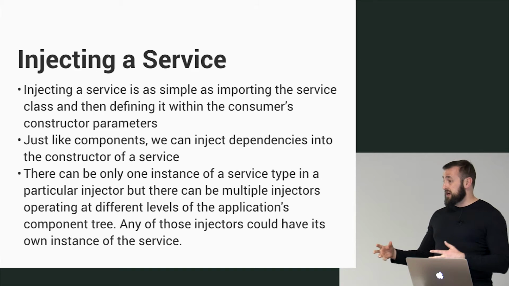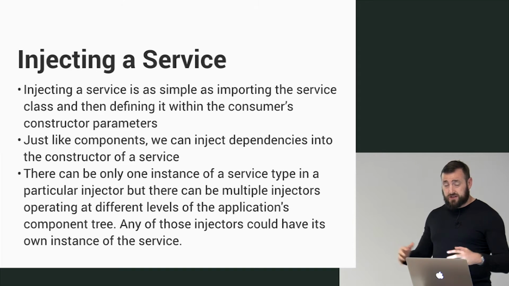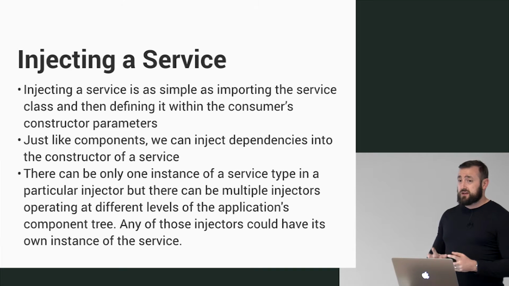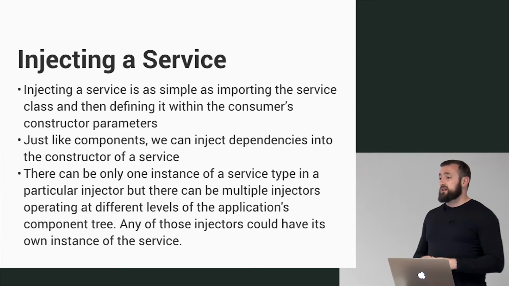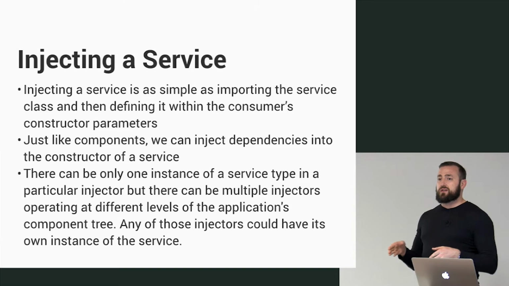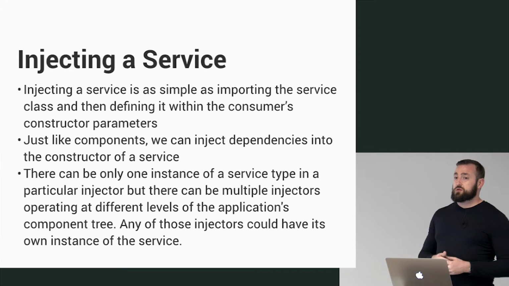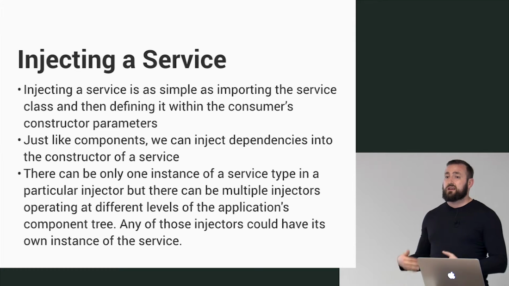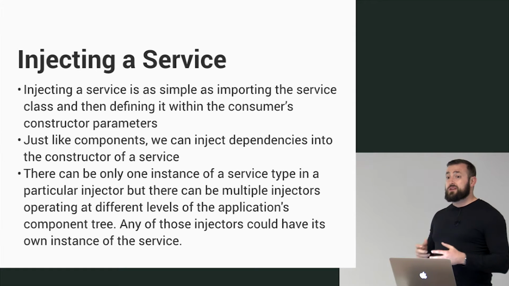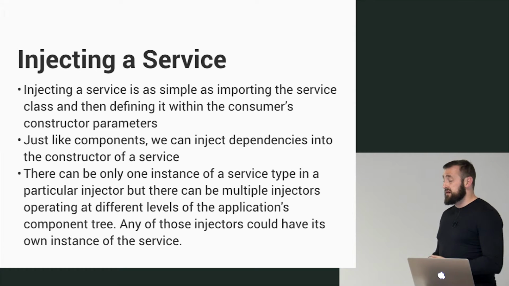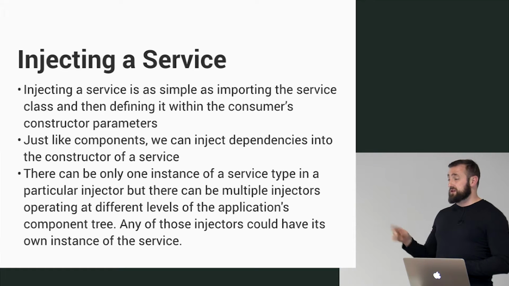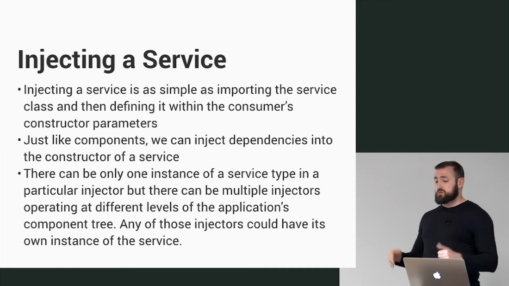So they may share injectors, so there's some stuff going on under the hood that the documents are not real clear about, but it's very possible, it's actually almost a given, that at various levels you will have different injectors, and therefore you will have different instances of that service. So it's still 1 service per injector. The difference is now you have multiple injectors.